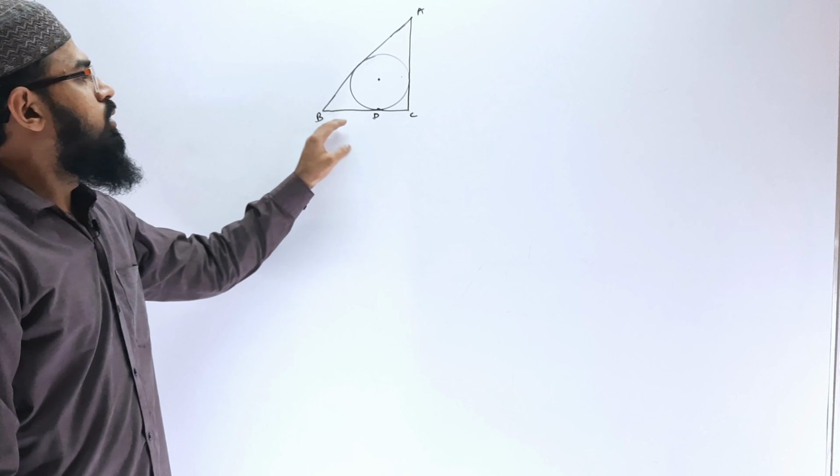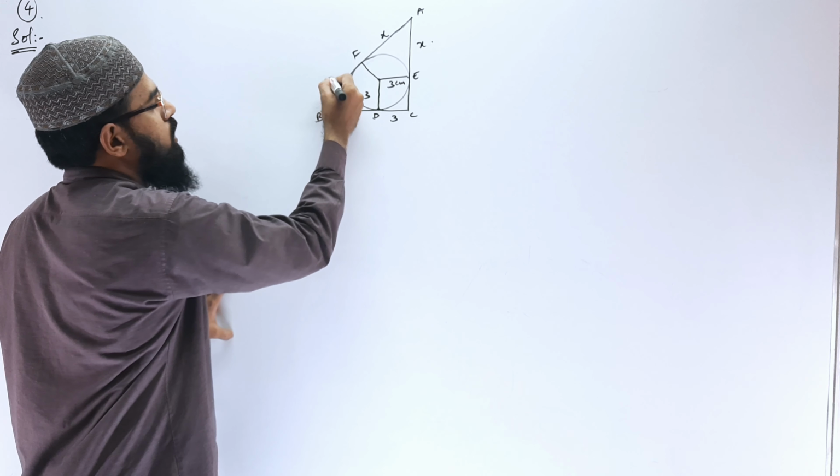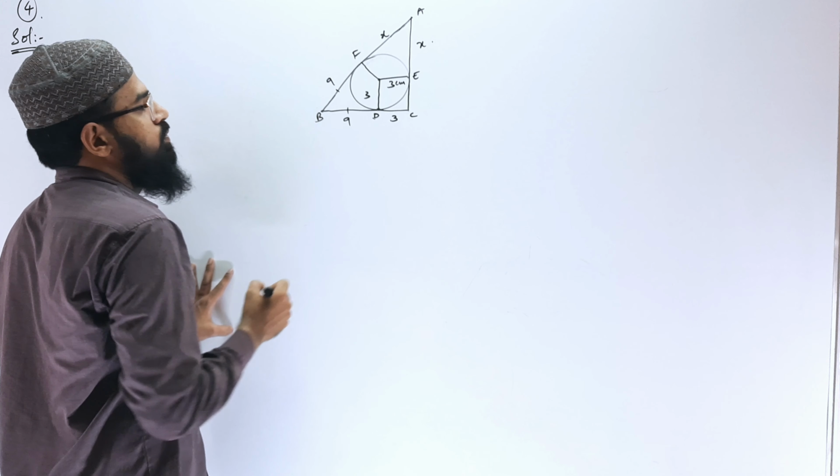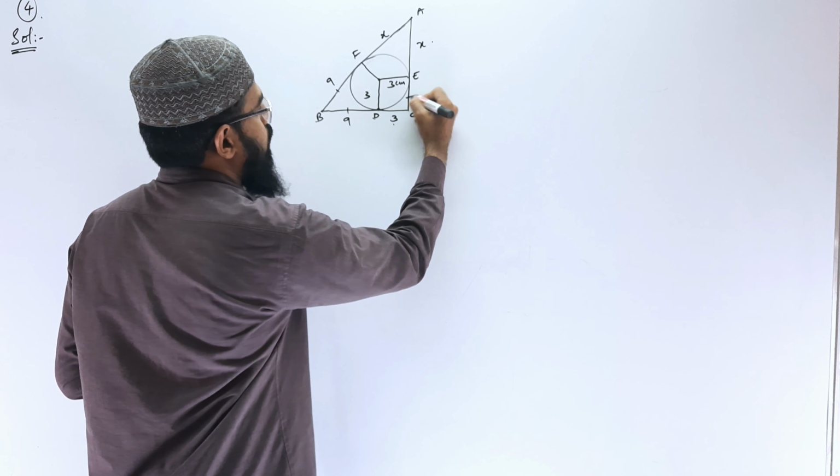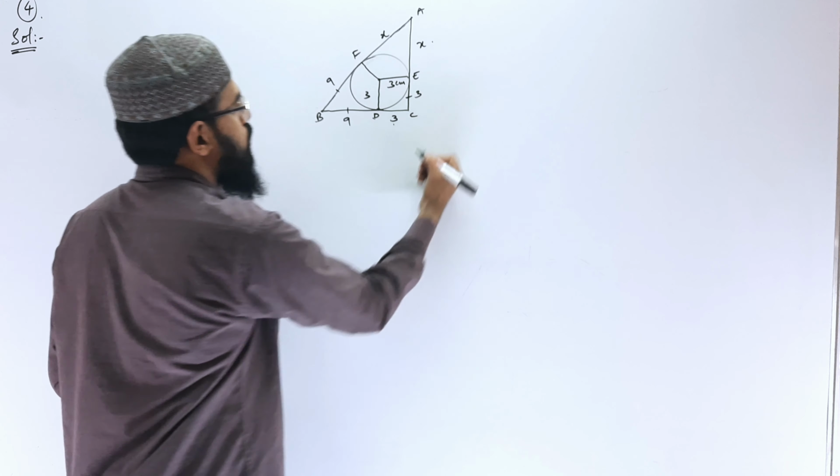We don't know this part, so let it be E and F. AE is x and AF is x. We know that the tangents from an external point are equal, so this is 9. If this is 9, then this will be 9. If DC is 3, then CE is also 3.